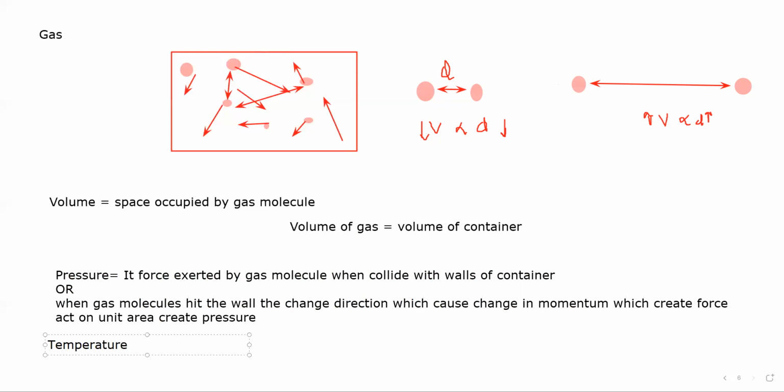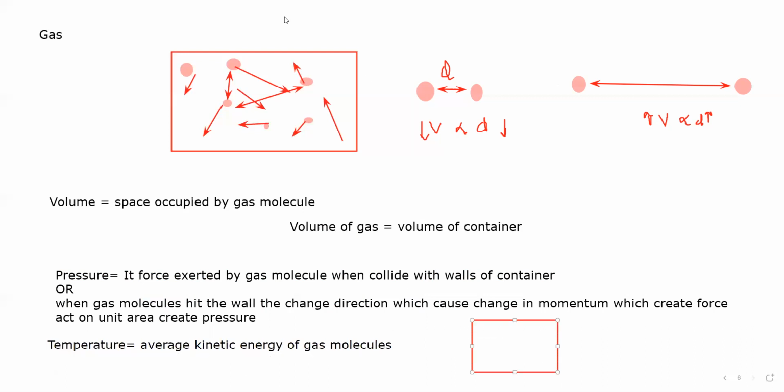What is temperature? Temperature is defined as the average kinetic energy of the gas molecules. So the average of the kinetic energy of the gas molecules, that is what we call temperature. If the temperature increases, the velocity or the speed at which the particles are moving will also increase.